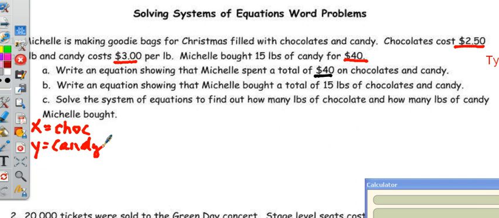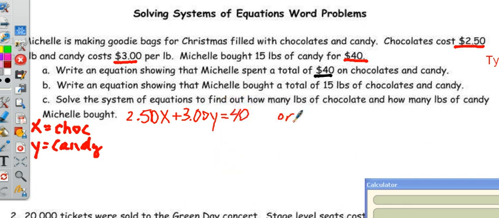All right, so for me to write an equation for that, for my money, I'm going to do $2.50 times X plus $3 times Y for a total of $40. Now, you may also see this written like this.